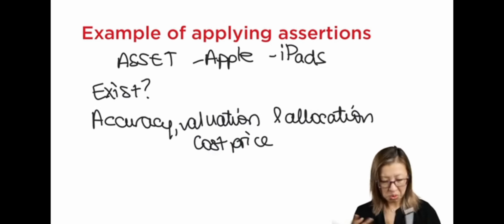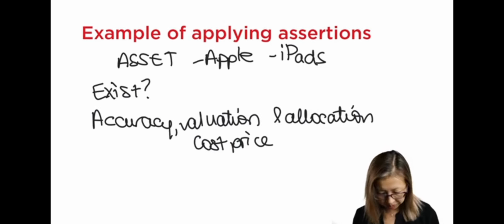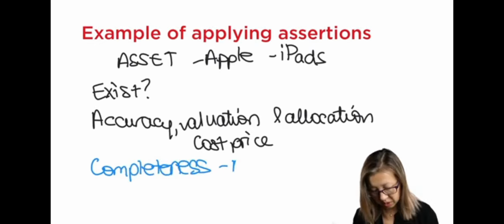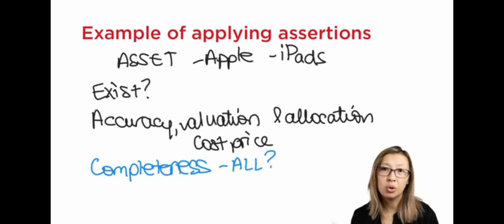So we've covered existence, we've covered accuracy. I'll do this next one in a different color so that we can see it. I also need to consider completeness, which is really, have I recorded all of the iPads that I have in stock? Now, most of the time you're expecting companies to accidentally or intentionally overstate their inventory and their assets to make their leverage ratios look a bit better, their current and their quick ratios look a bit better.